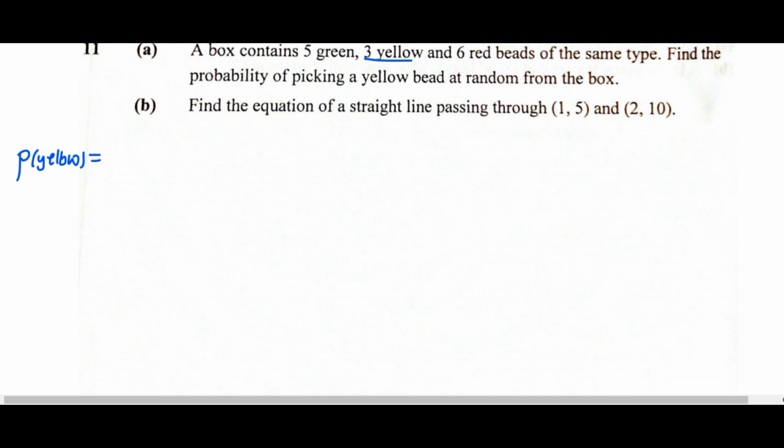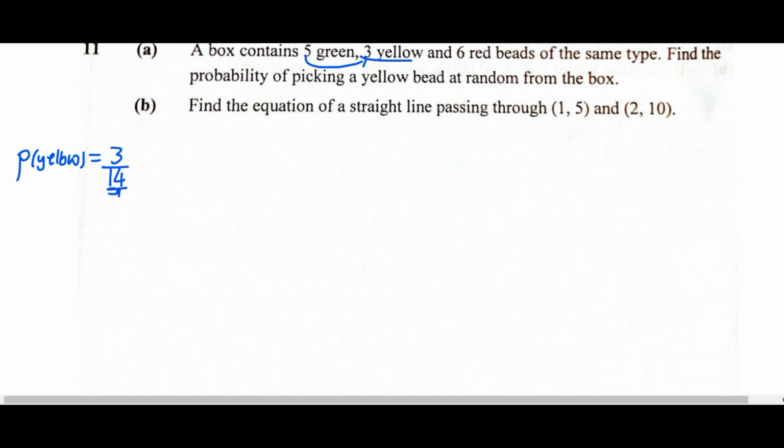Yellow is 3 over the denominator, which must be the total of these 3 numbers. So 5 plus 3 is 8, plus 6 will give us 14. So this is the probability of picking yellow. The probability of picking green is 5 over 14, then red 6 over 14.